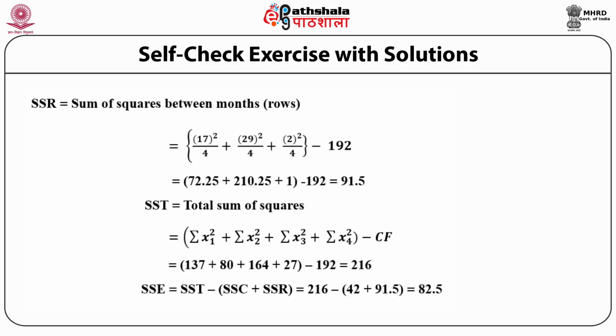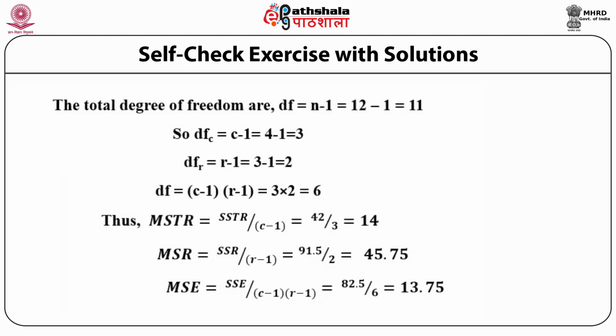Now putting in the formula for SSE, that is SST minus (SSC plus SSR), it is 216 minus (42 plus 91.5), and the value of SSE comes to 82.5. The total degrees of freedom is N minus 1, that is 12 minus 1, that is 11.